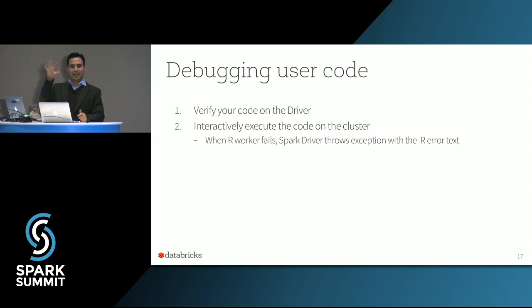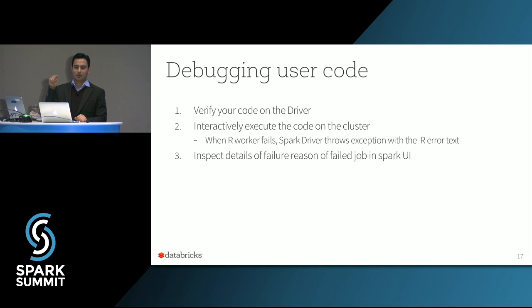They see package names in it. But that exception, if you search, will include the error message from the R worker. So if you search enough, you'll get a very good clue on what went wrong. The other thing you could do, in the Spark UI, you can see the details of failures.